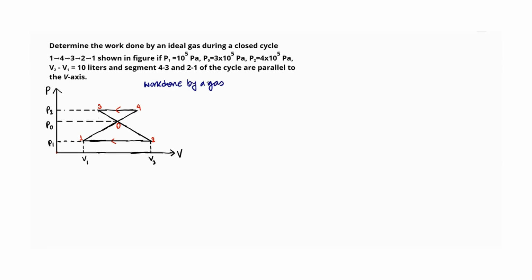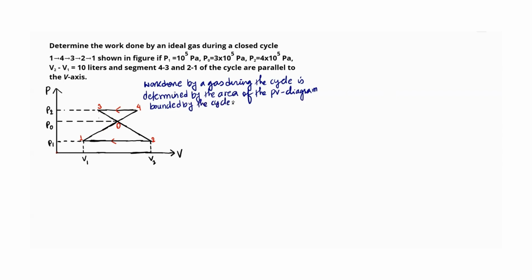Work done by a gas during the cycle is determined by the area of the PV diagram bounded by the cycle.